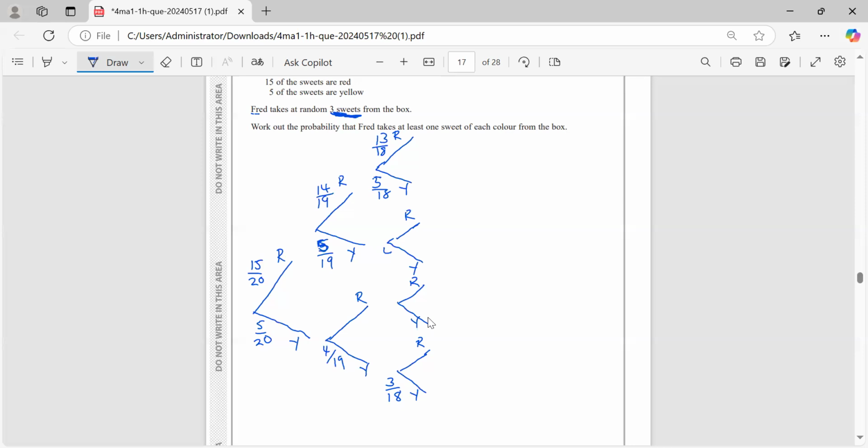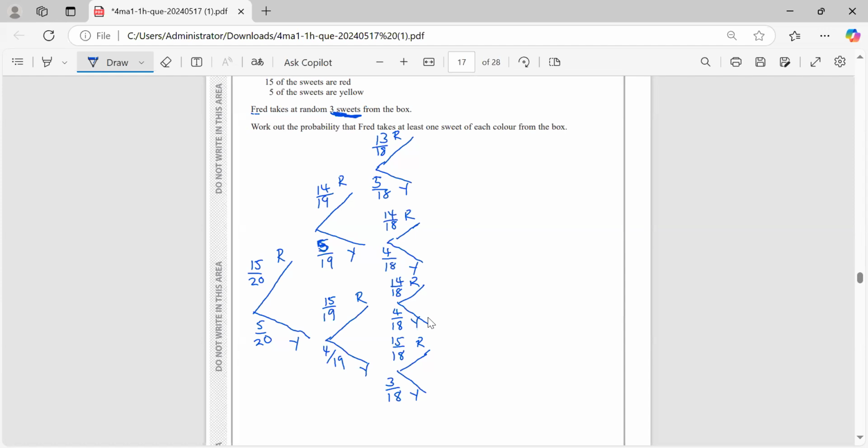So this one's going to be 4 over 18 and this one is definitely going to be 14 over 18. So this one is 3 over 18. This one is 15 over 18. And this one's 4 over 19. So this one's going to be 15 over 19. And this one's going to be 14 over 18. And this one's going to be 4 over 18.